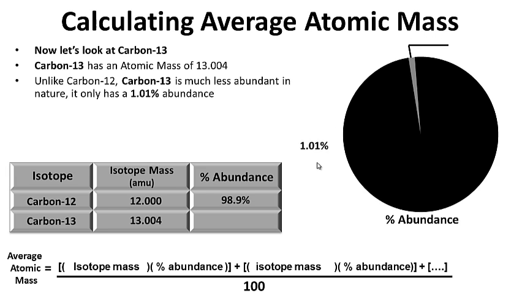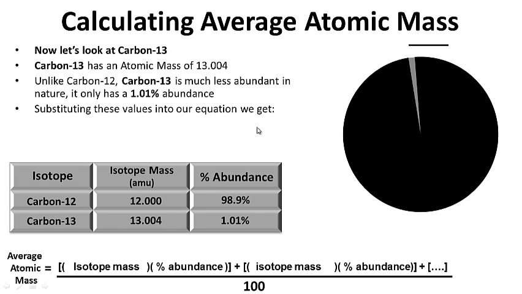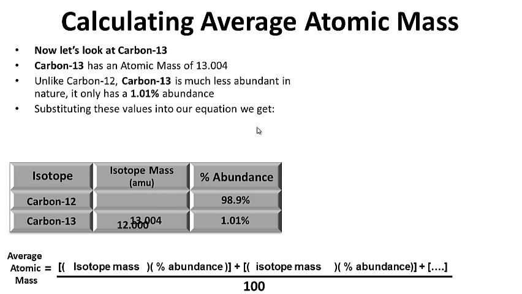So we have the isotopic mass and the percent abundance for carbon-12 and carbon-13. Substituting these values into our equation, for carbon-12 the isotopic mass is 12 and its percent abundance is 98.9.